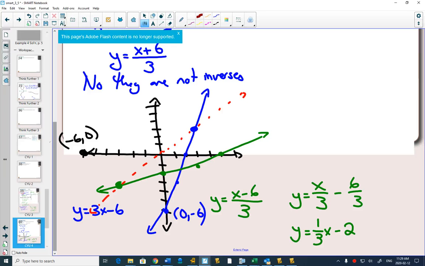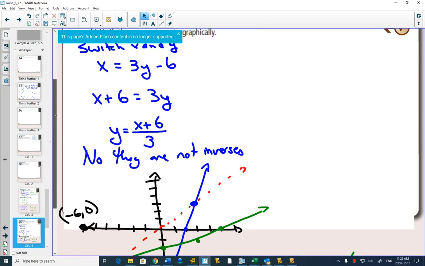The points don't switch. On the line y equals x, the ones that are supposed to be the same aren't there. You could even just say it isn't a reflection over the line y equals x. It doesn't match up. Okay, that was our first equation.